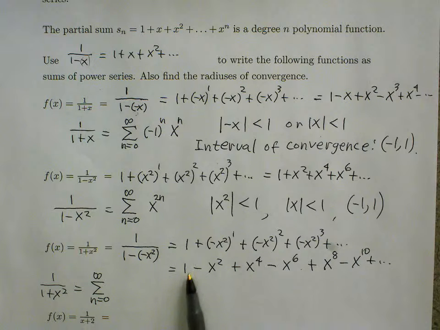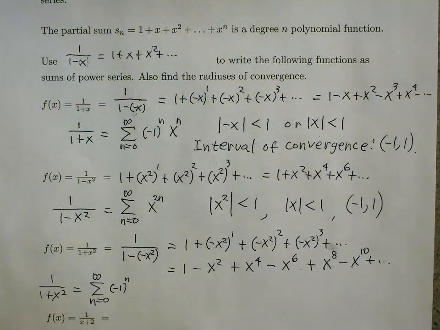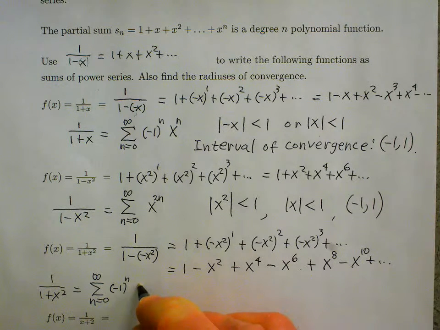We alternate between minus, plus, minus, plus. Negative 1 to the n. Yeah, so we'll have a negative 1 to the n. And then the terms, x to the 2n.